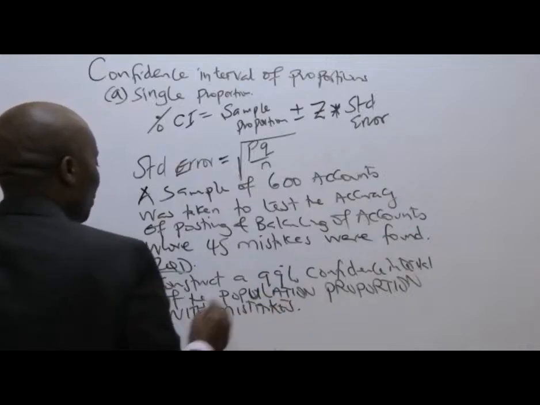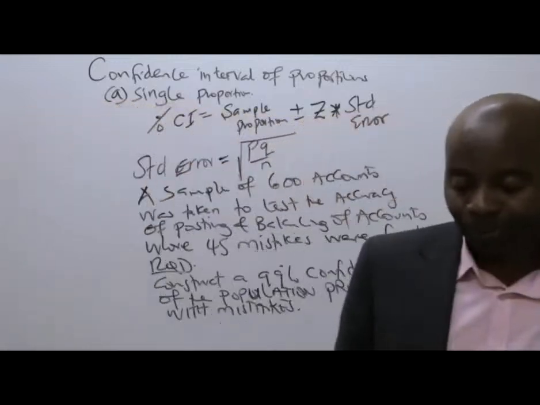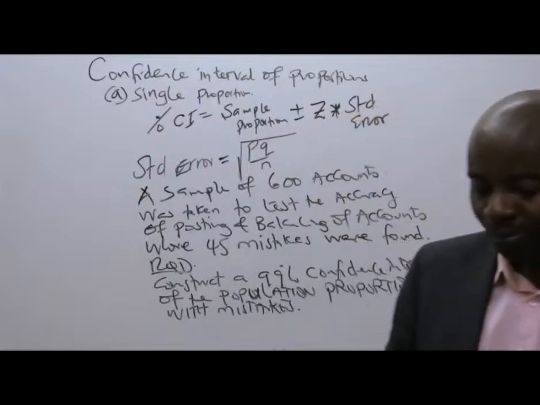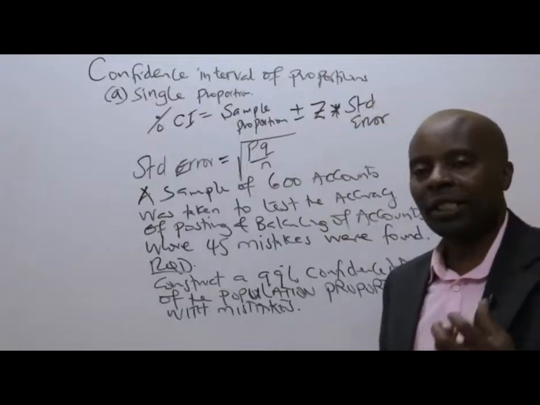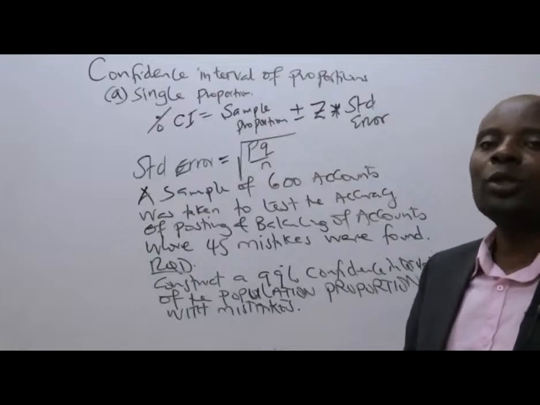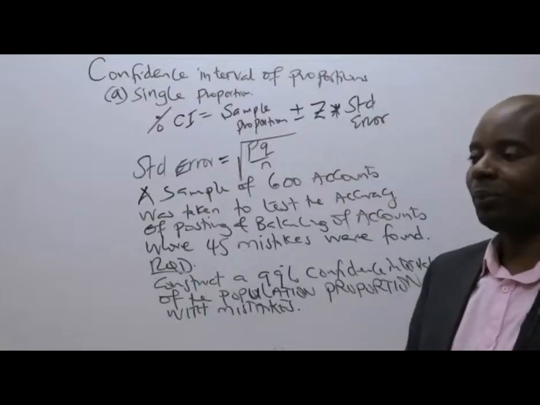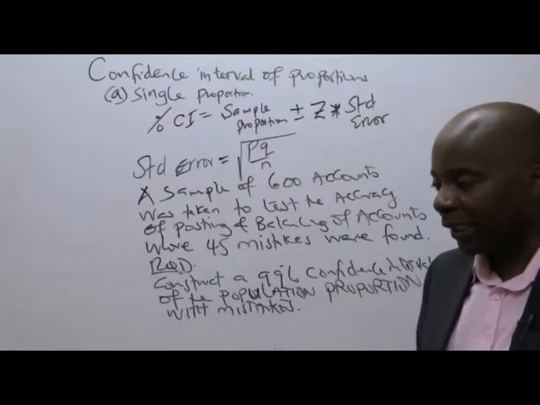For us to know the kind of audit techniques we shall be using, we would want to know the population mistakes. Where do they fall? What magnitude am I looking at?